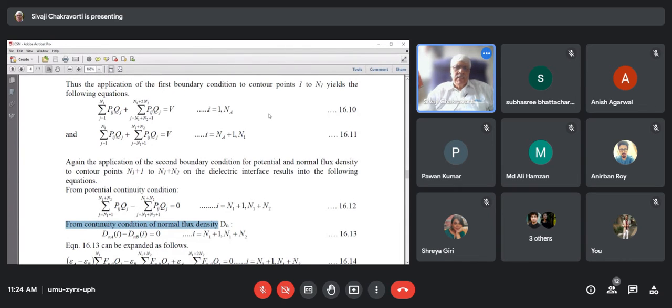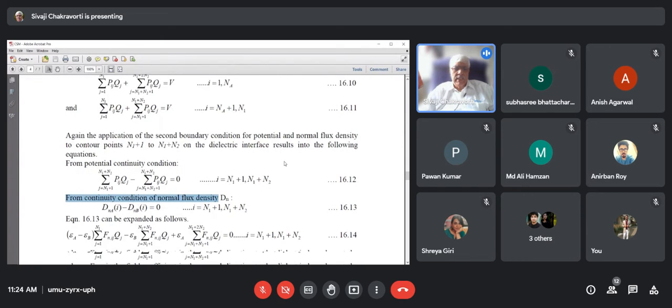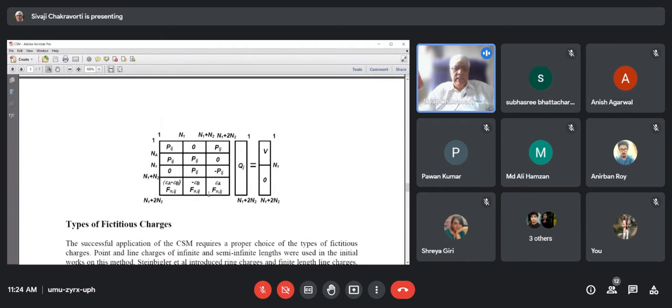Out of that, the first gives na number of rows and the second gives another set of rows. Here you can see I have subdivided it. The first set of rows is 1 to na, the second set is na plus 1 to n1, the third set is n1 plus 1 to n1 plus n2, and the fourth set is n1 plus n2 plus 1 to n1 plus 2n2.